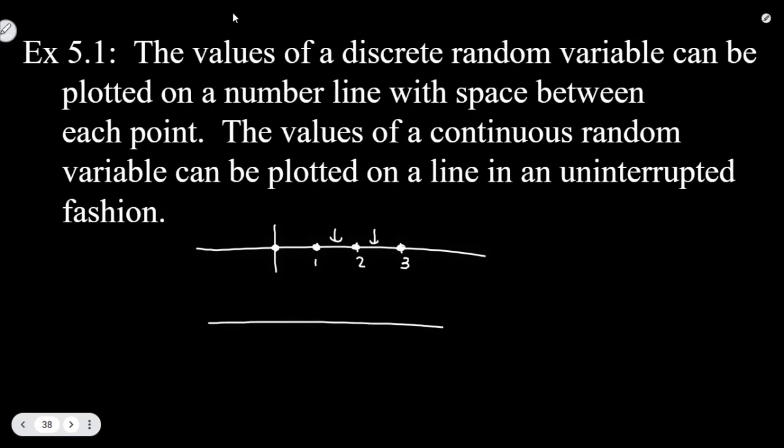Whereas if you're doing continuous and measuring, say, a segment, that segment could have this length or that length, it could be 1.5, and there are all these decimals in between, so there's no gap between these values.